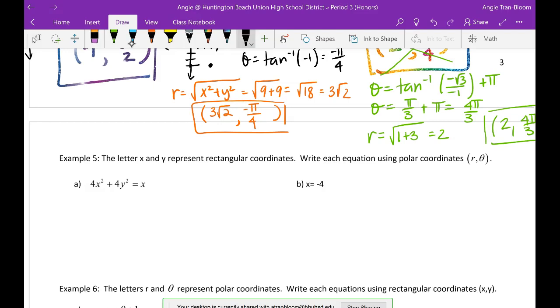All right, so we are currently in a rectangular equation. You are to rewrite them all using only r and theta.